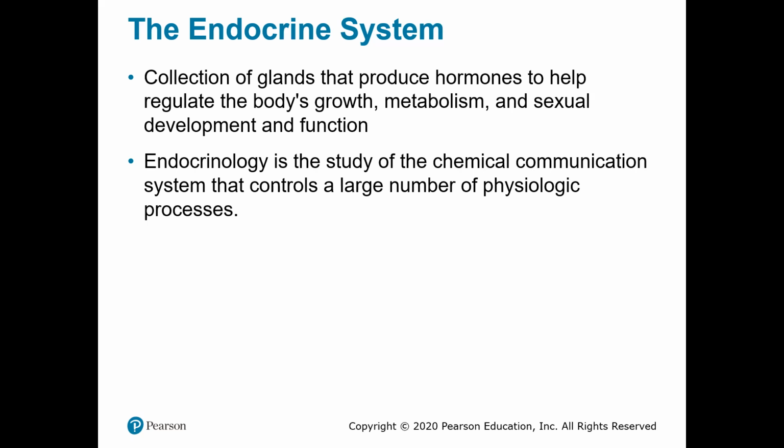The nervous system is considered the mass communicator of the human body, and hormones are the chemicals that do the communicating. Endocrinology is the study of the chemical communication system that controls a large number of physiologic processes. It is also the study of hormones, their receptors, and the intracellular signaling pathways that they follow and call upon.